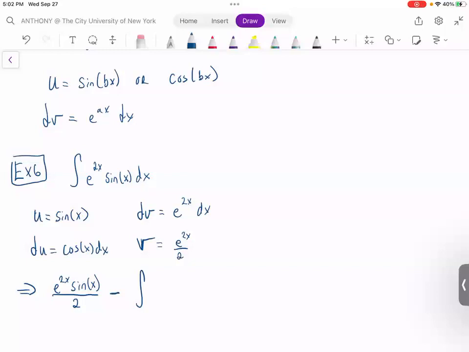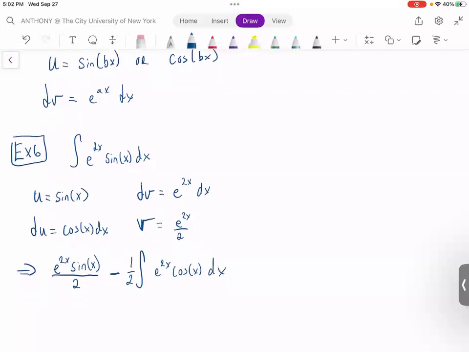So instead of putting the fraction inside of the integral, I'm just going to pull it out. So I'll pull out the 1/2. Just note that it is a 1/2 integral of e to the power of 2x times cosine of x dx.